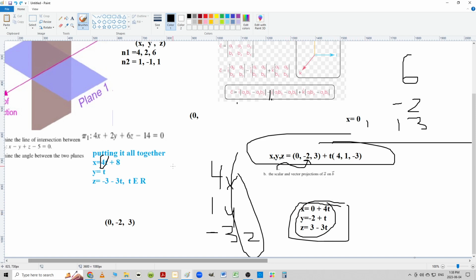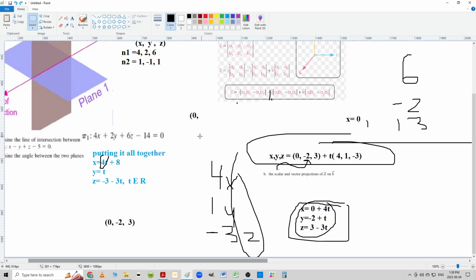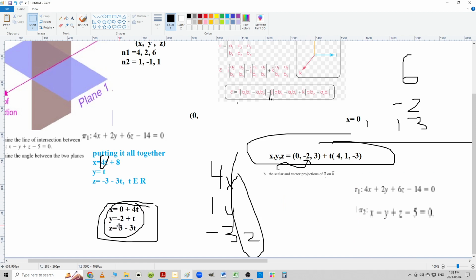How do you prove this works? You take your original scalars. Not only will the 0 point come out to it, but you can replace wherever you see x in 1. So let's put these over here. Wherever you see 4x, you can replace it with 0 plus 4t.